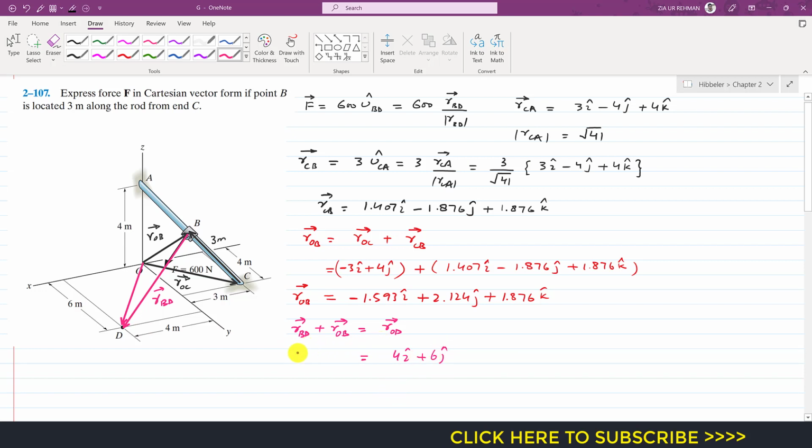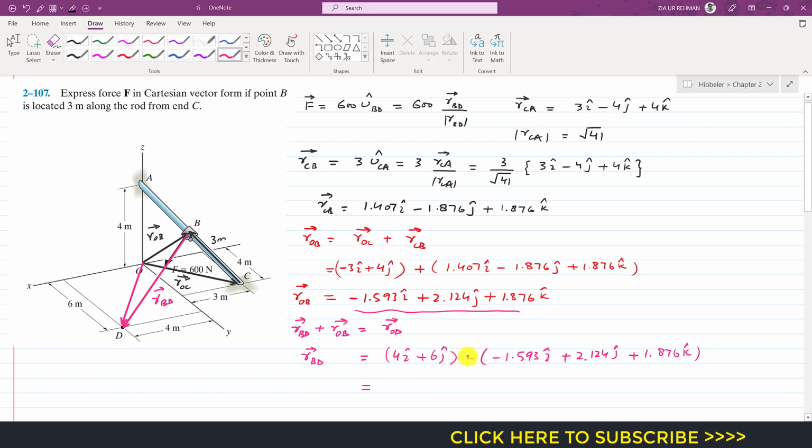And similarly, we want to find RBD, so we can write that RBD will be equal to ROD minus ROB, and this is ROB, right? So I will write ROB is minus 1.593 I plus 2.124 J plus 1.876 K. So again we can add the corresponding components.